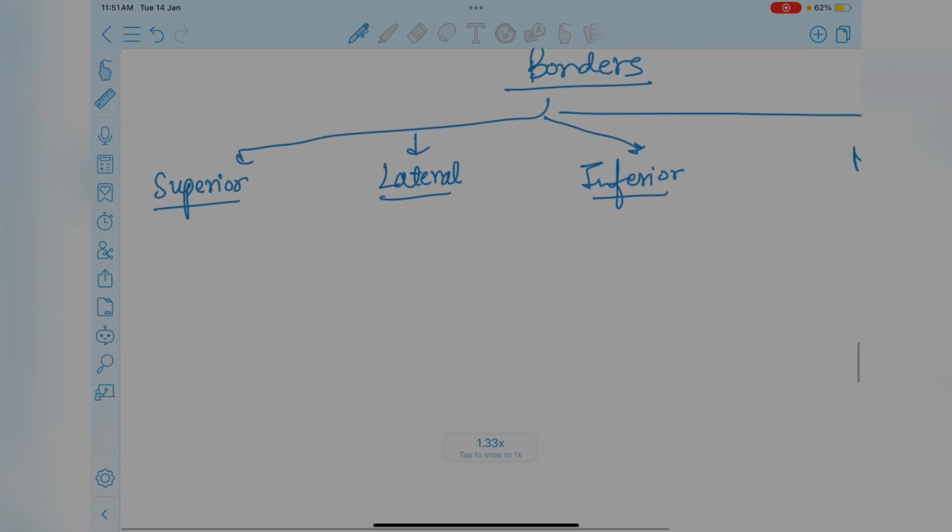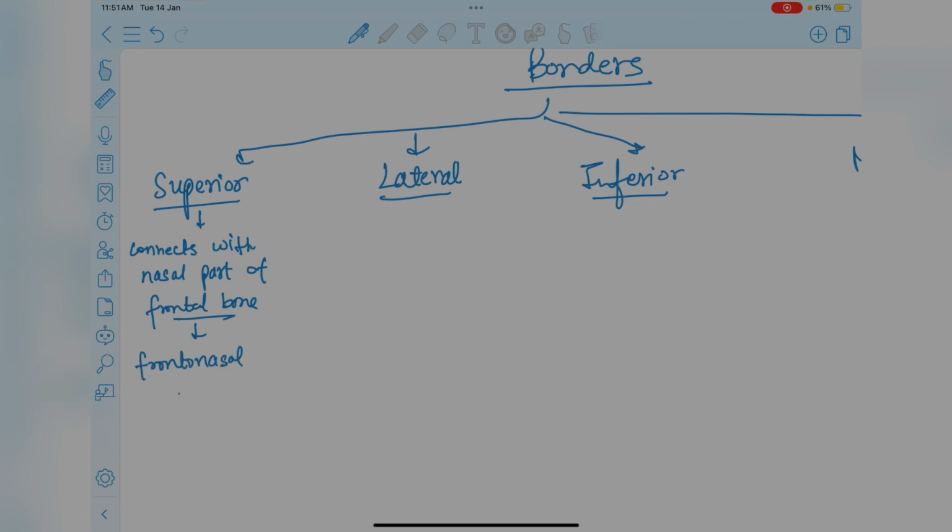Now, the superior border connects with the nasal part of the frontal bone, and it will form the frontonasal suture.